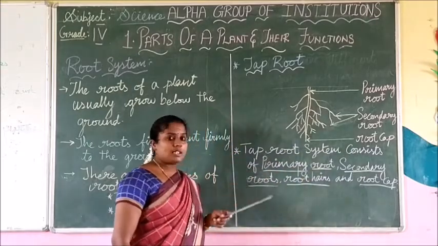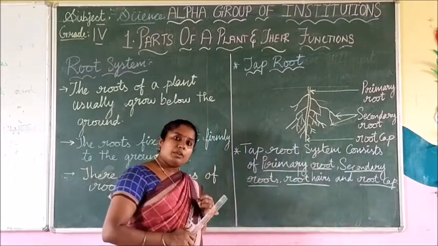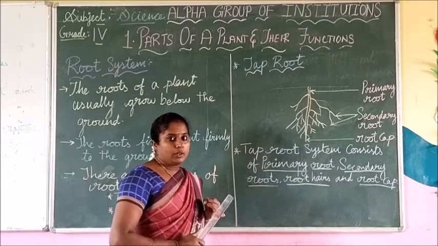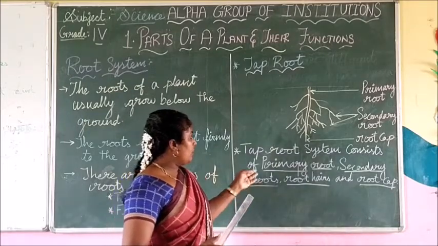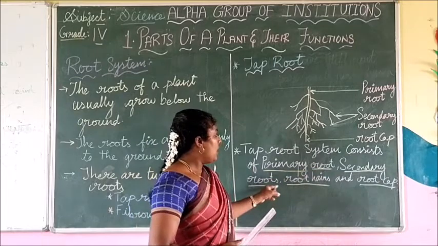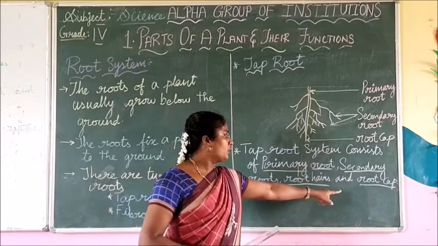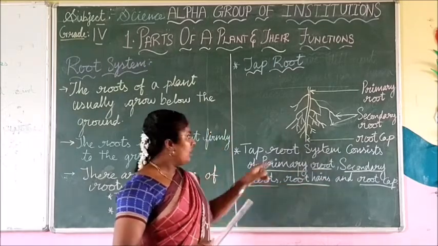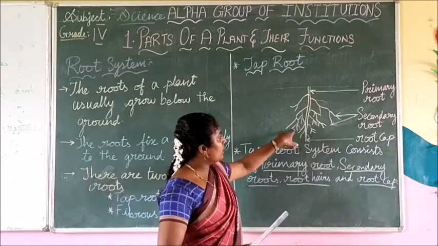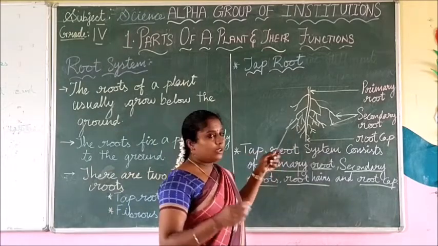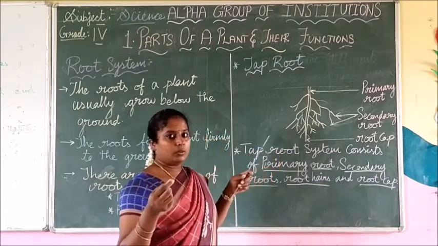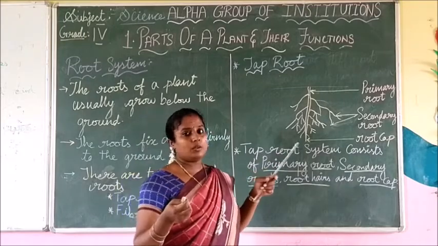So the taproot system consists of primary root, secondary root, root hairs, and root cap. Root hairs will be like small, very thin roots. They will be on the secondary root.